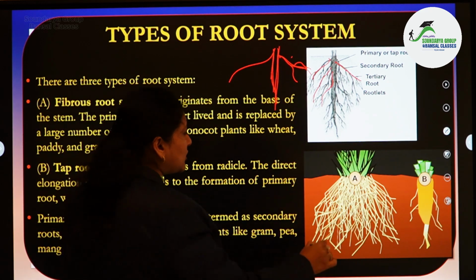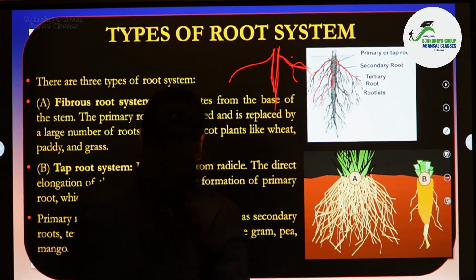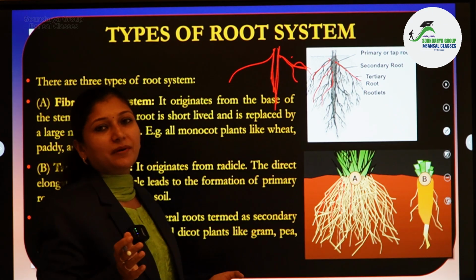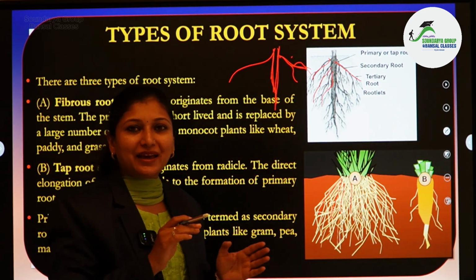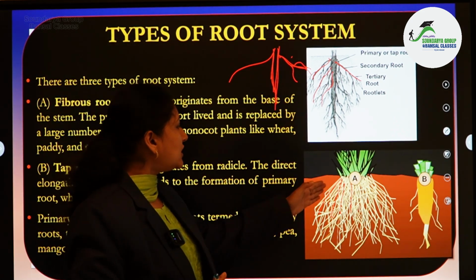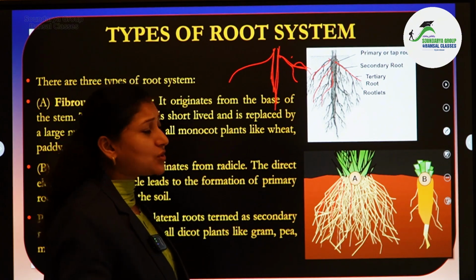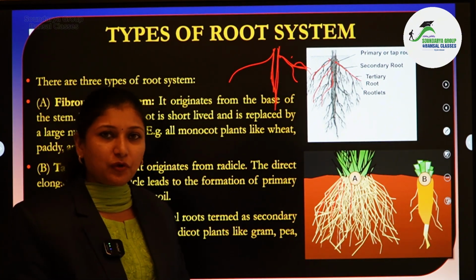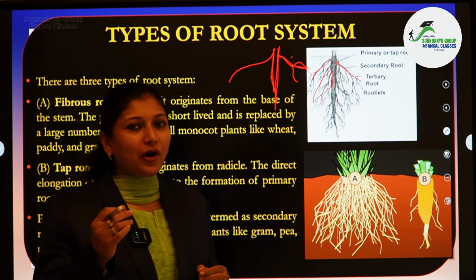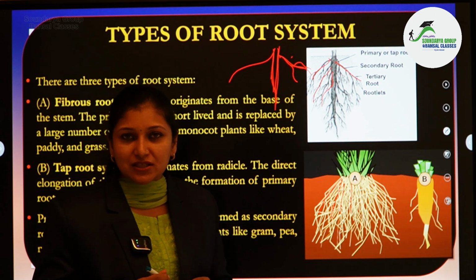In the second type, the fibrous root system, you can see all the roots are of the same type. There is no big one or smaller one, no main one, and no primary and secondary. This fibrous root system also starts from the radicle itself. What was the radicle? In the seedling, the tip of the embryonal axis is known as the radicle.